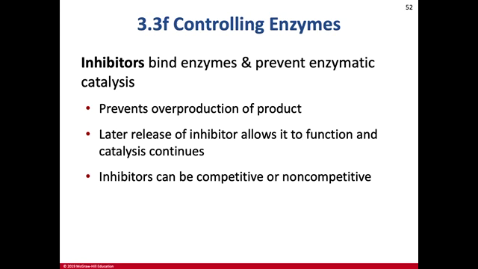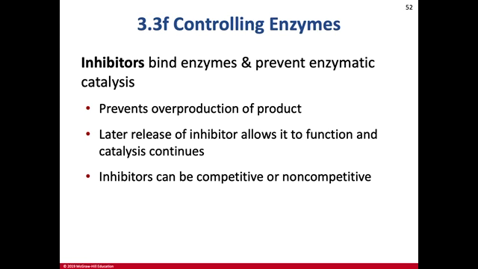A competitive inhibitor is one that will bind to the active site but is not capable of producing a product, and its effects can be overcome with increasing concentration of substrate. An allosteric inhibitor doesn't bind at the active site. It binds at some other site, and it changes the shape of the enzyme, and it cannot be overcome with increasing amounts of substrate. Okay?